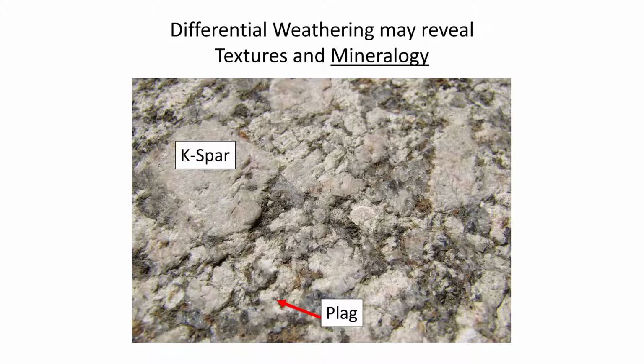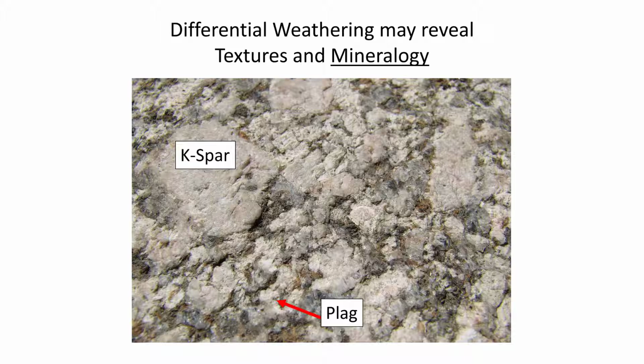In terms of mineralogy, different minerals weather at different rates. So in this case, the potassium feldspar, or K-spar for short, you can see our larger crystals that are more resistant to weathering and are standing up a bit more from the surface. We can see plagioclase also is present, and that's weathering at a little bit more of a higher rate, so the minerals are not standing out as much as the potassium feldspar.